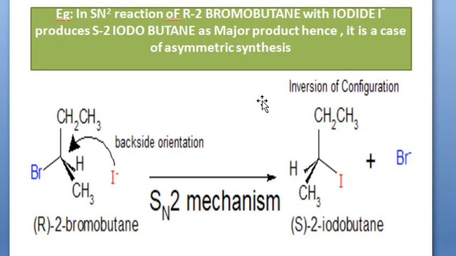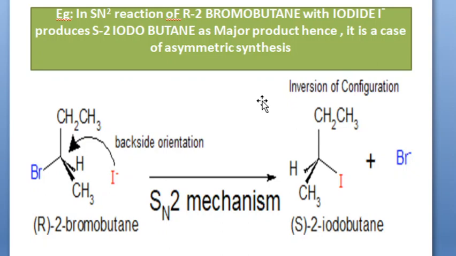So how will your iodide attack this R-2-bromobutane and what kind of product is obtained? If R-2-bromobutane is nucleophilically substituted with iodide, are you going to get R-2-iodobutane or S-2-iodobutane? We are going to get S-2-iodobutane. From that it is evident that the leaving group bromide and incoming nucleophile iodide will be leaving and coming in opposite directions.